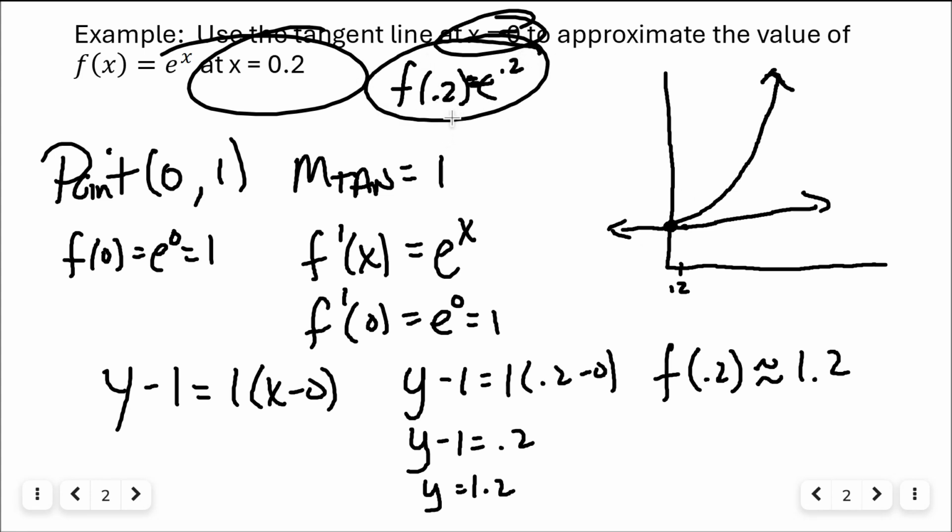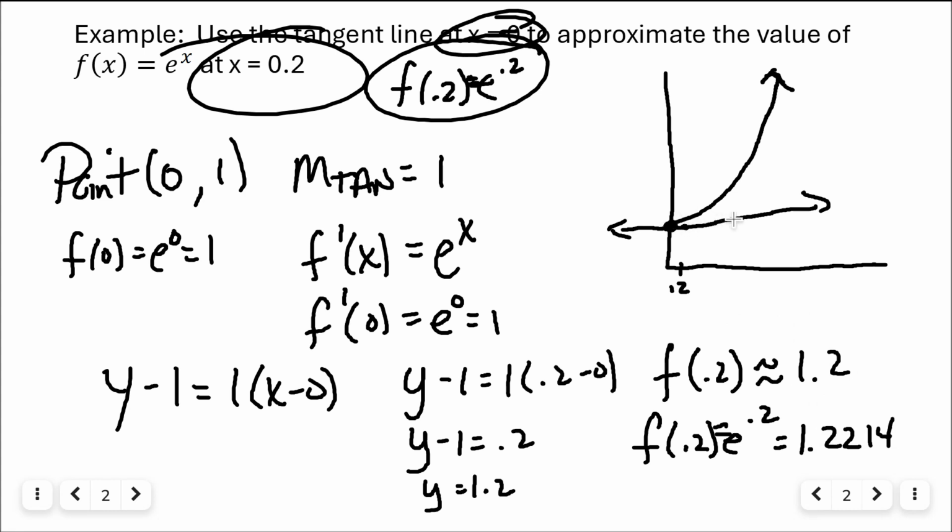But what we really want to discuss here is how to get a better approximation than the one we already had. For example, if I were to ask you to calculate f of 0.2, that's equal to e to the 0.2, which is 1.2214. So this approximation is actually pretty good.